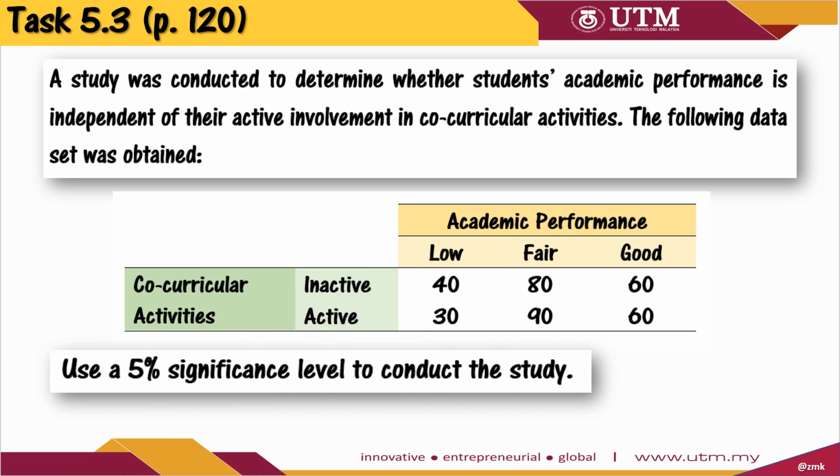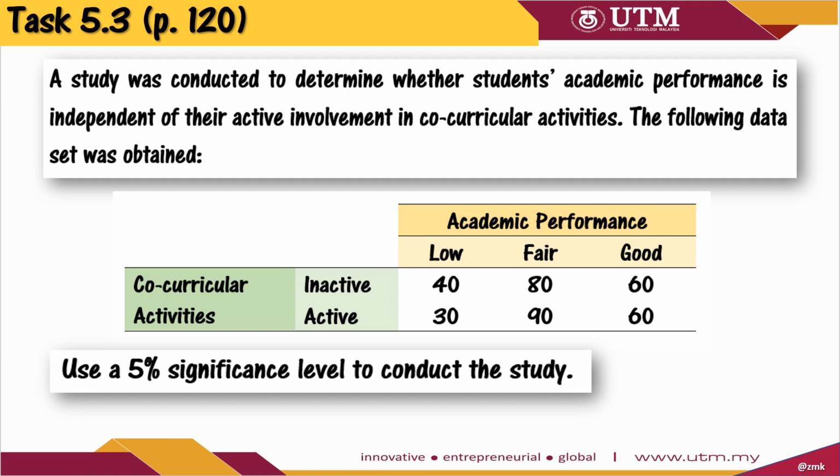If you look at the question, you can see that the data are tabulated in a 2x3 contingency table where the row categorical variable is co-curricular activities, which has two subcategories, inactive and active, whereas the column categorical variable is the academic performance, which has three subcategories, namely low, fair, and good.